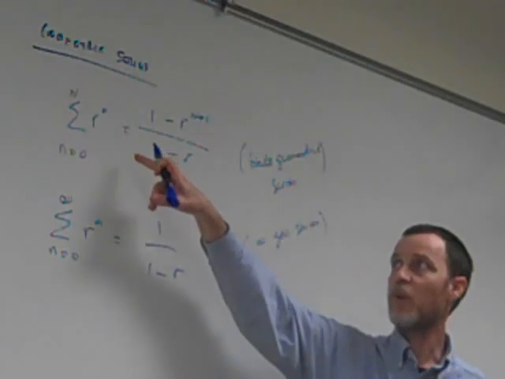Now, what's the difference between what r's I can plug into this one and what r's I can plug into this one? One of them has to be between -1 and 1. Right. And which one? The one that is infinite, right?